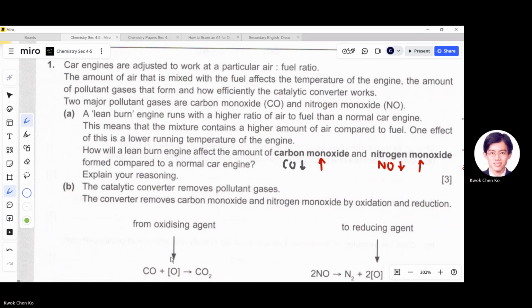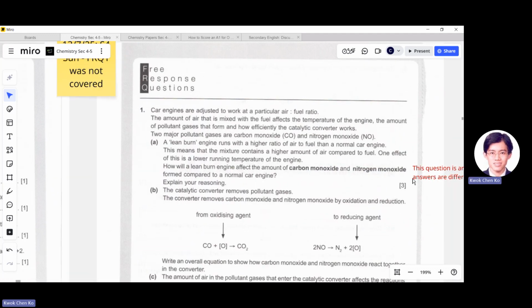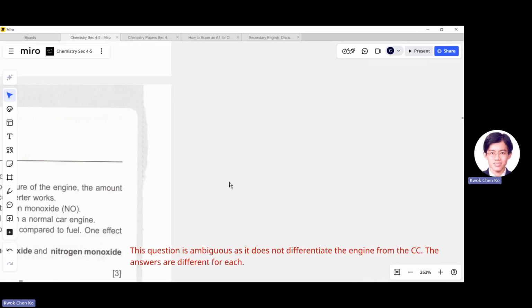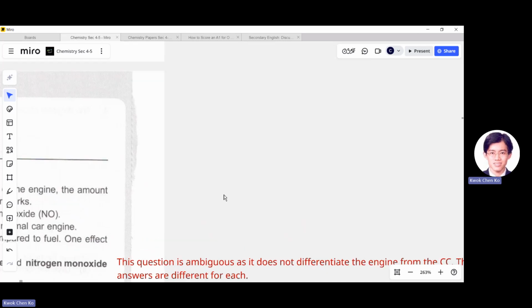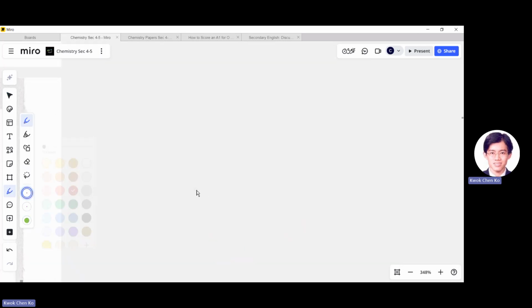Okay, guys, actually this is a very ambiguous question. Even though I didn't particularly mention it, you may want to write this down in case it comes up this year. I want you guys to be very clear. Obviously, the car has an engine.